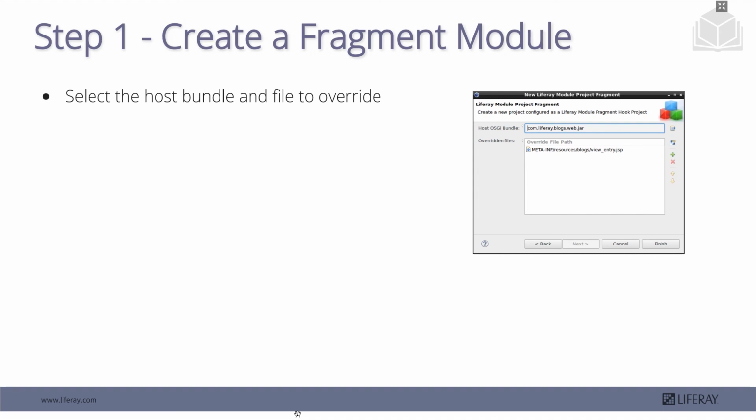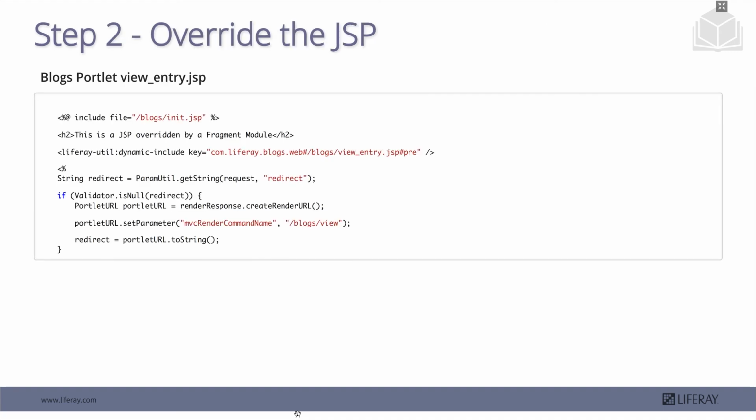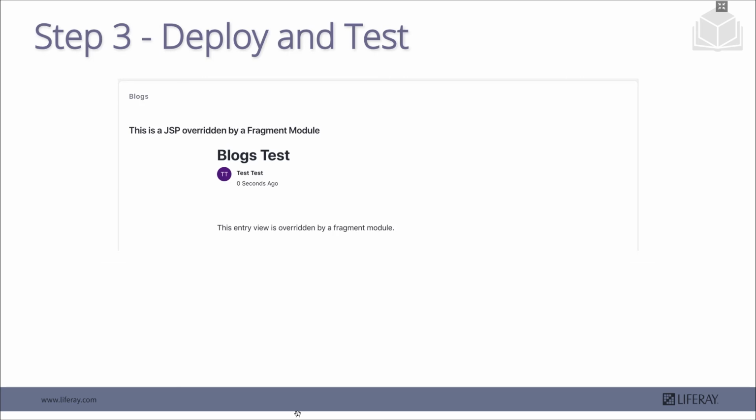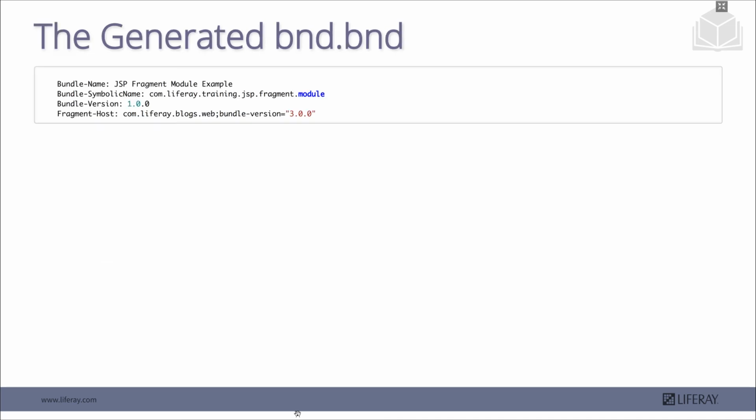So that's step one. Step number two is overriding the JSP. We have complete control over how this looks, so we can do whatever we want to do. Step number three is just deploy and test. Deploy your fragment bundle and watch it work, or maybe it doesn't.